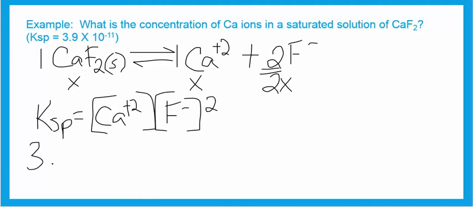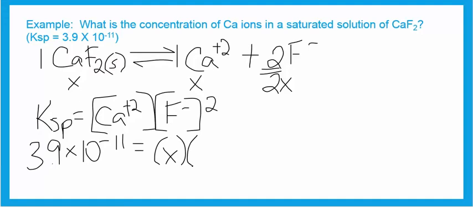Ksp, 3.9 times 10 to the negative 11th, is equal to calcium, which is x, times fluoride, which is 2x, and that is squared. Now 2x squared is actually 4x squared times another x is 4x cubed. I want the concentration of calcium, which is x.